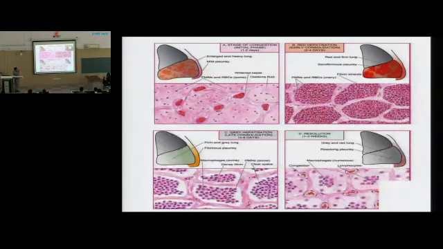You compare the images: there is the first stage, the initial phase, the phase of congestion. There are only few polymorphs and red blood cells along with alveolar edema. In the first stage, there will be engorged blood vessels also.